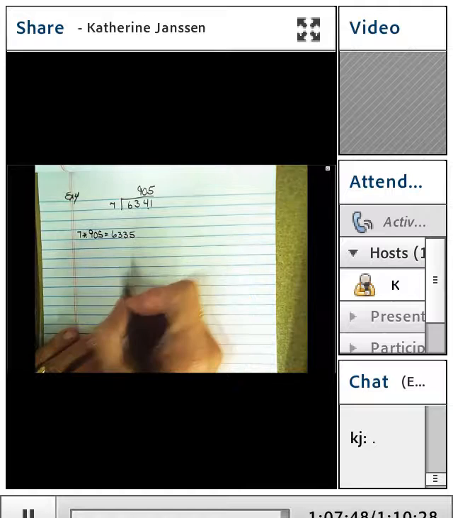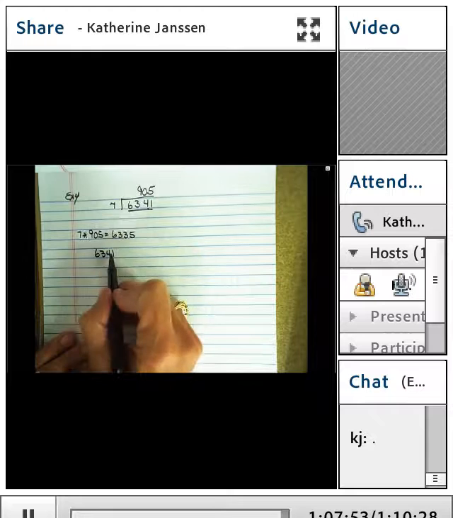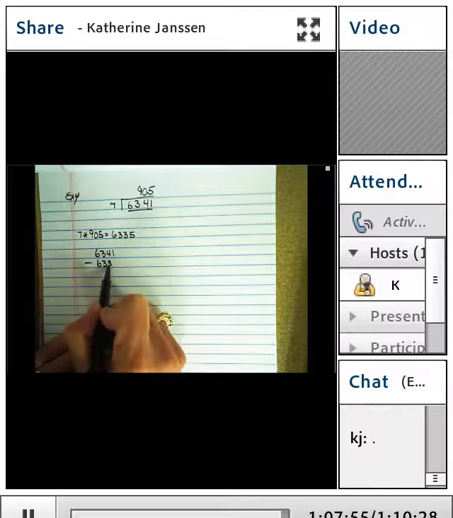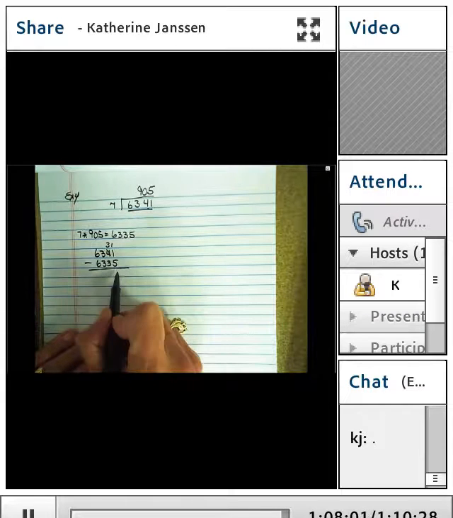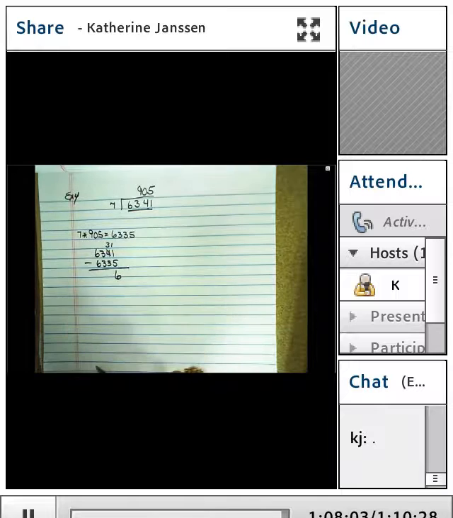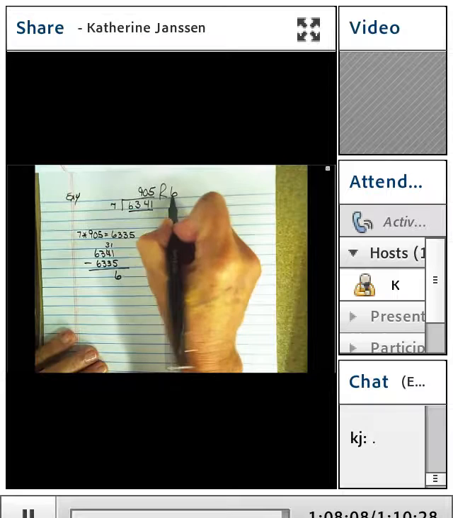So I'll have to find that difference. 6,341, subtract what we have. And I have to borrow, that goes to 3. 11, subtract 5 is 6. So my remainder is 6.